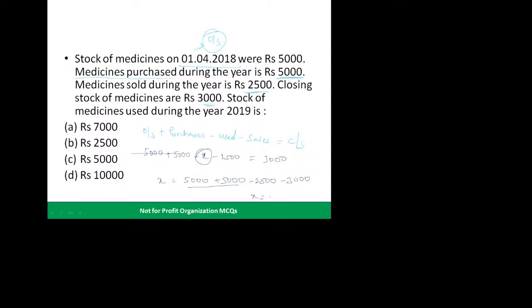X is equal to 4,500. The answer is 4,500, since opening stock plus purchases minus used products minus sales gives us the value of closing stock, right?